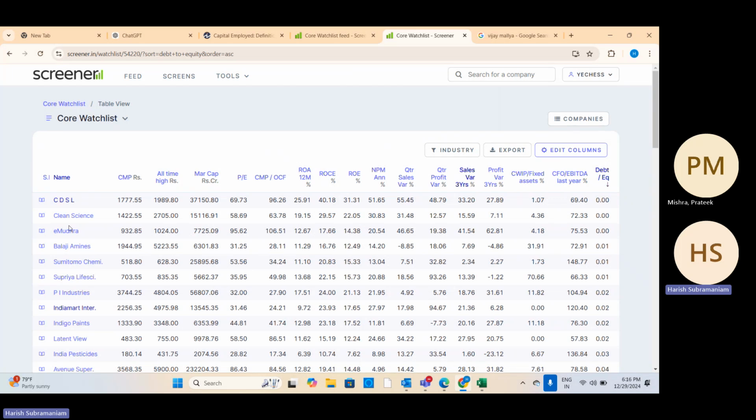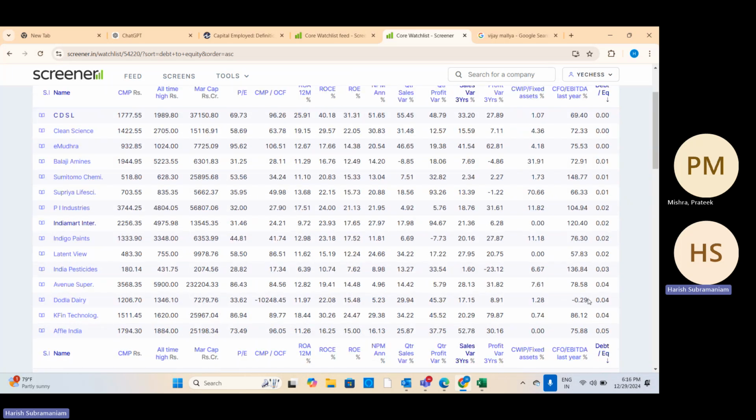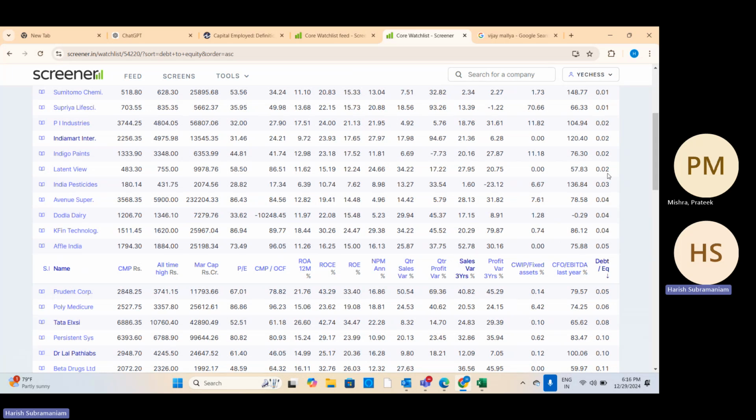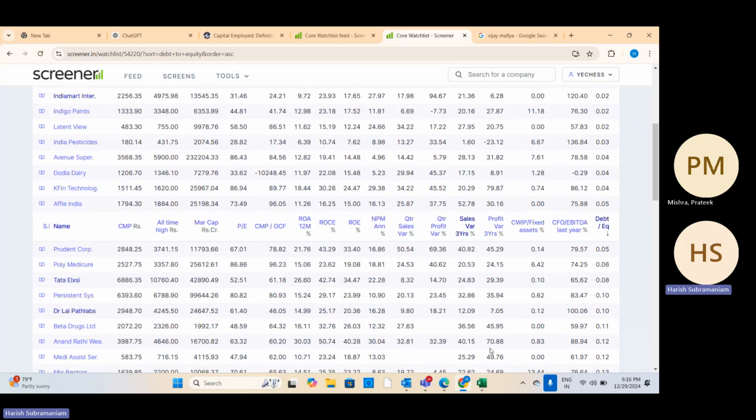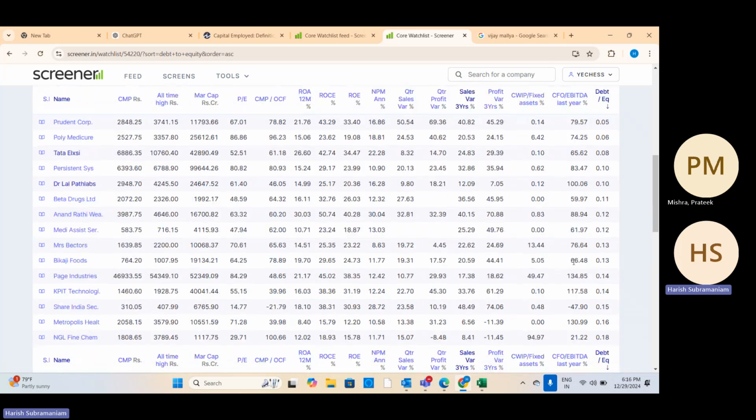And typically all these companies which have a low debt to equity are very safe to own. Like we know that even if something goes wrong for a few years, there is not much at risk.